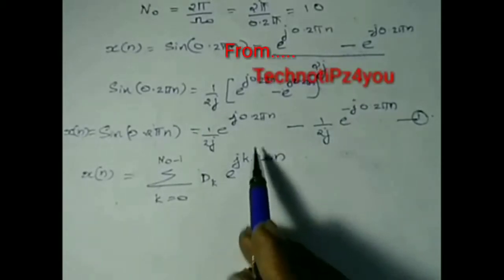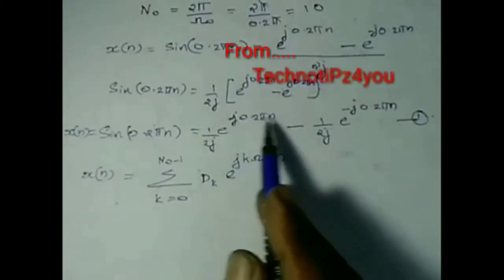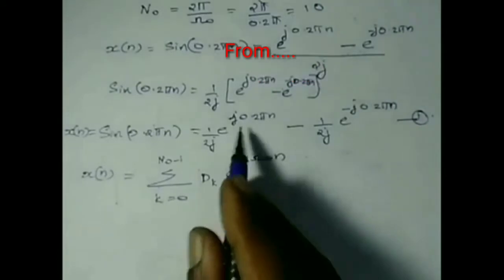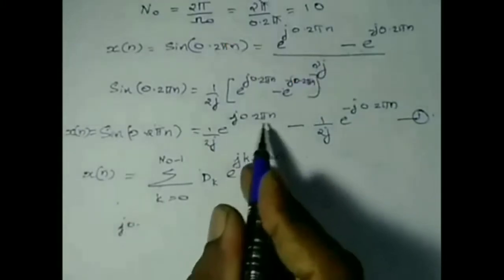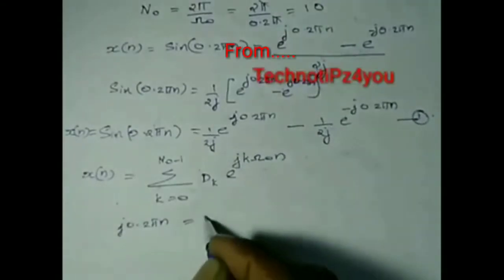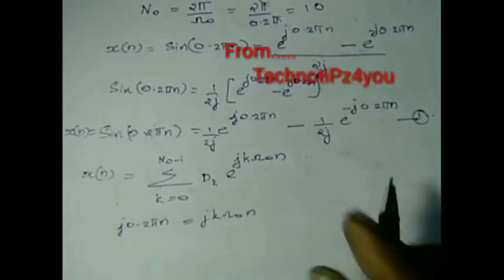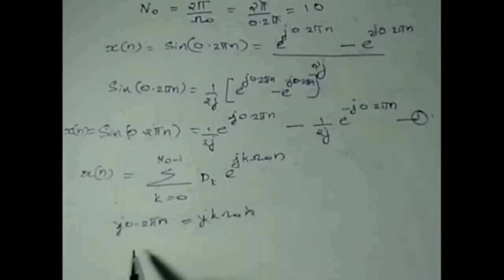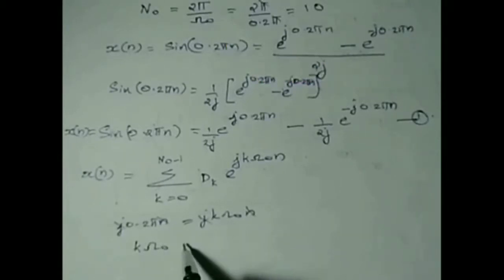Now we are going to equate the exponent term of this equation with the basic equation. Here we are getting j 0.2 pi n, which is equal to j k omega 0 n. The j and j cancel, n cancels, and what I have on the right hand side is k omega 0 equal to 0.2 pi.